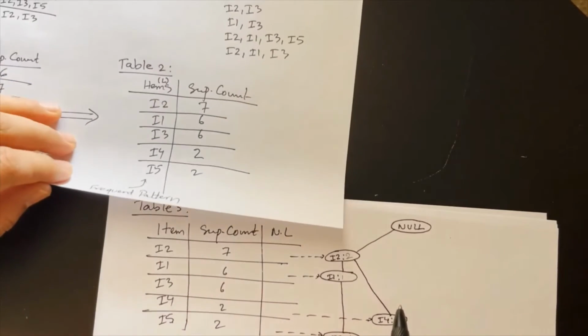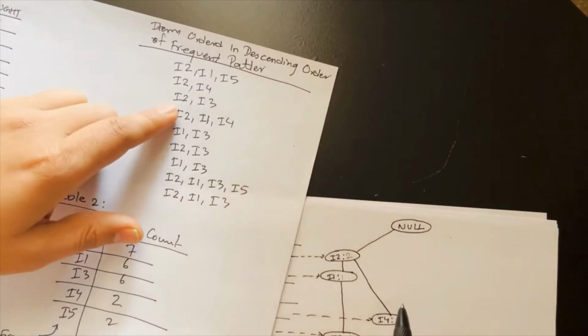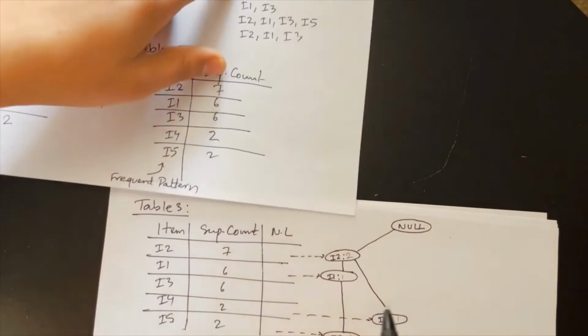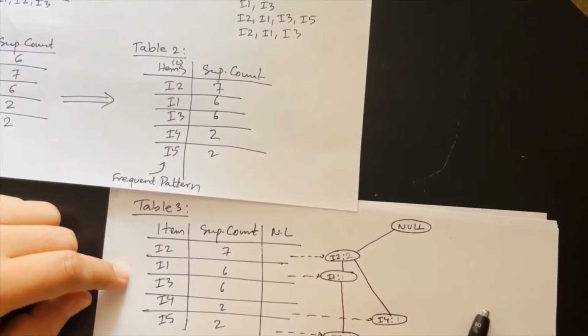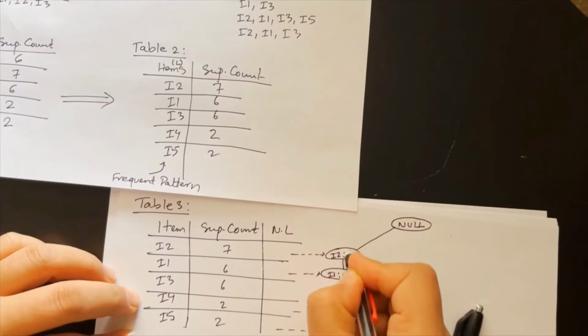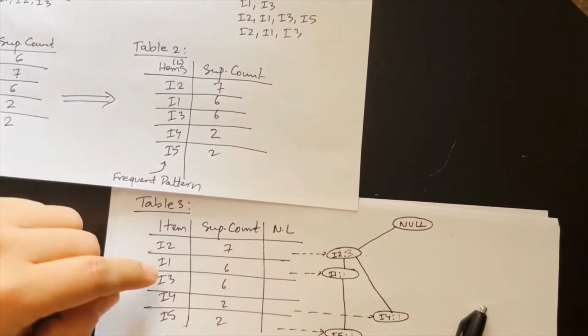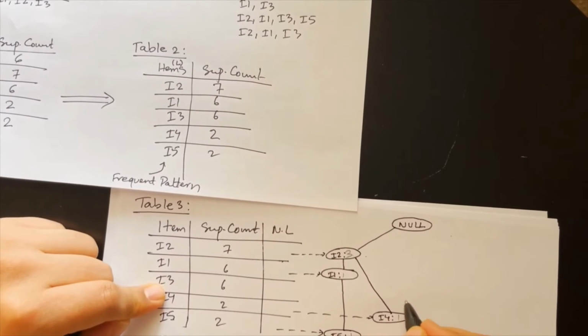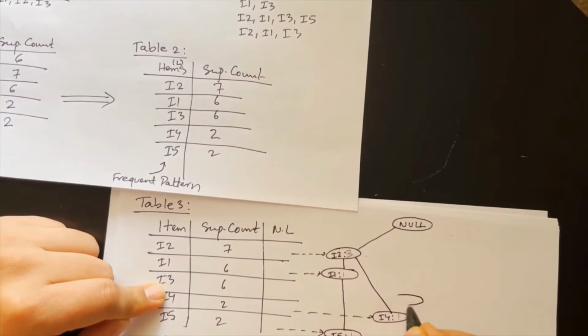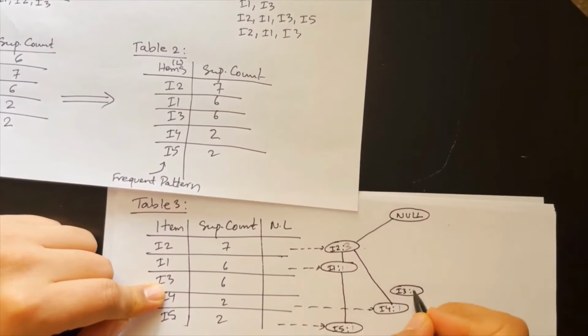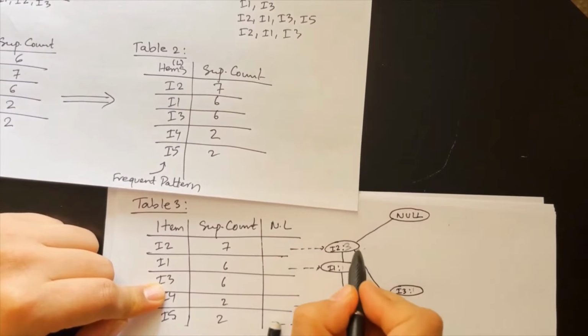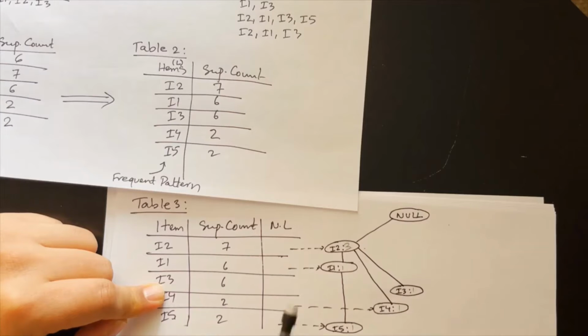Now let me see another item. It is I2 and I3. I2 is again already connected, so the frequency increases here. It becomes 3. And then I3, let's make another one here, with 1. Let me connect it with the branch, and let's make the node link here.